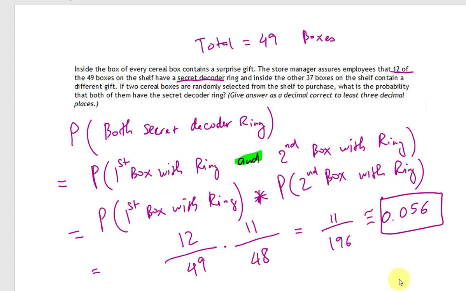So that's the answer. If you move 2 places to the right, this is about 5.6%. So a very small chance of getting 2 boxes, and all of them contain the secret decoder ring.